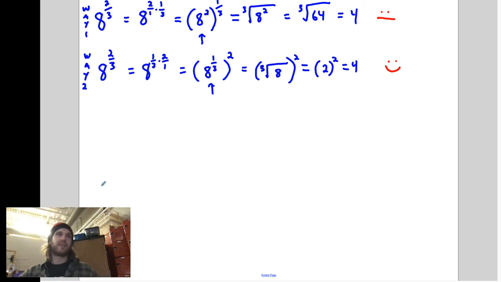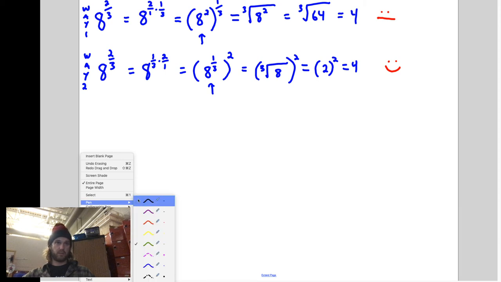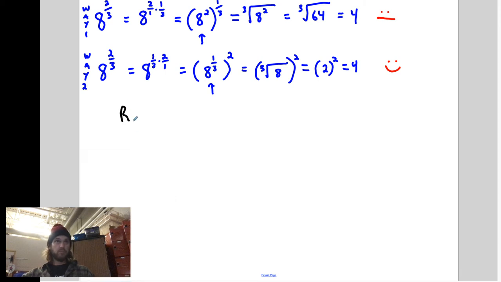So I'm going to do this example, and I'm going to do it using, actually, you know what? This gives birth to rule number 9. I'm sorry for that metaphor, but rule number 9 with exponents is this, and you can actually use number 9 in place of rule number 8.